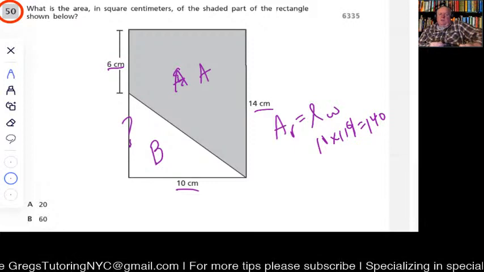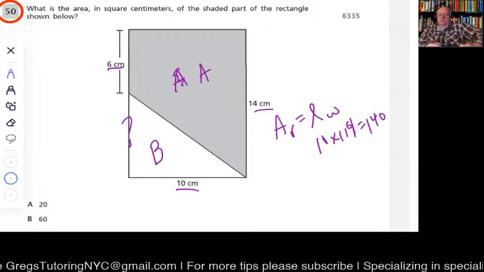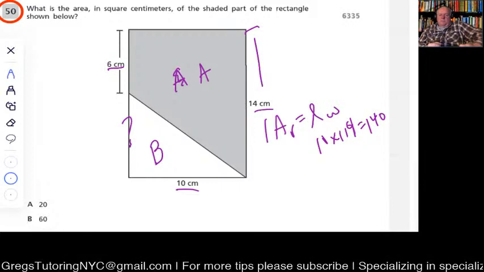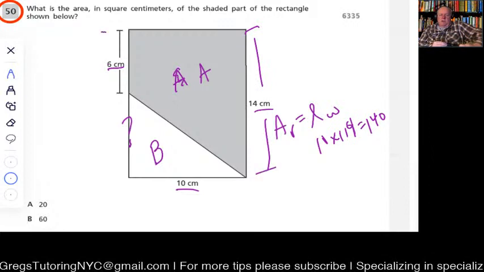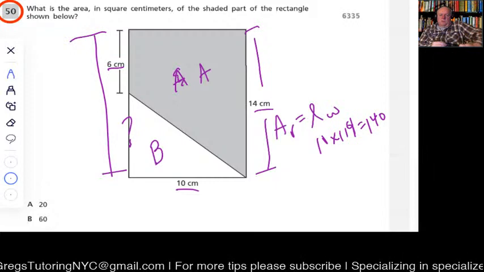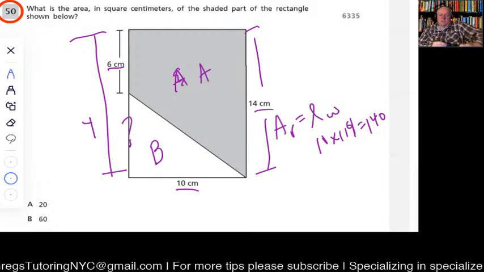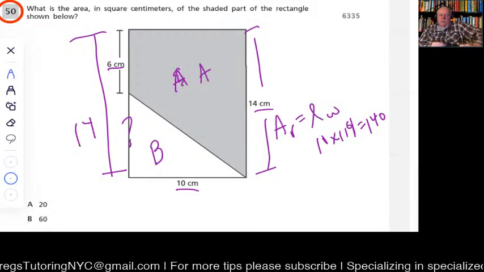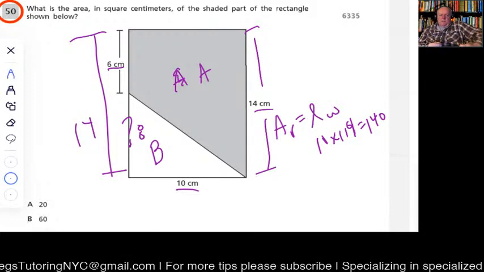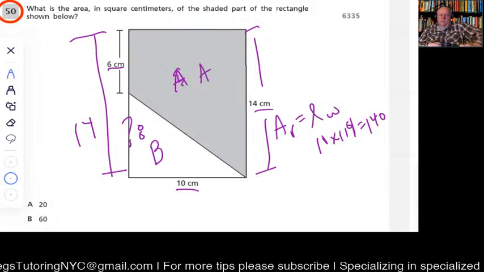Well, we know it because this whole side here is 14, and this whole side here is also 14, which means the length of this has to be 14 minus 6, or 8. 8 plus 6 is 14, and that's the whole length.